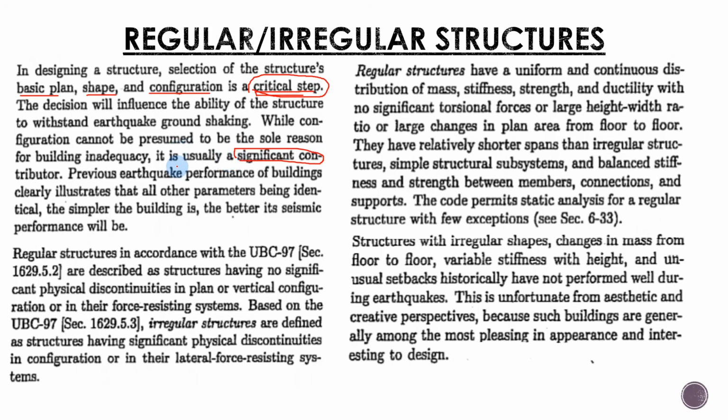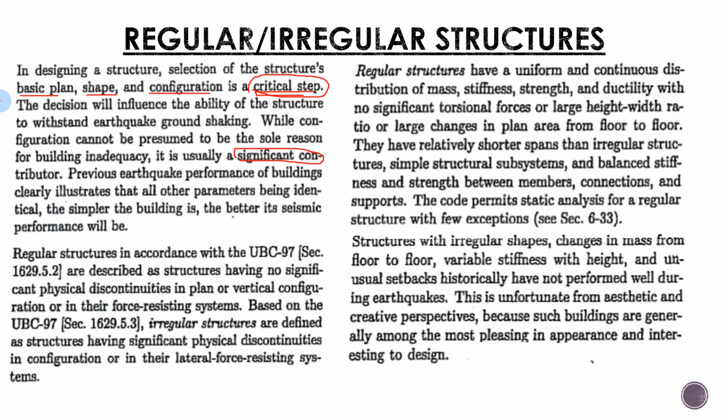So previous earthquake performance of buildings clearly illustrated that, all other parameters being identical, the simpler the building is, the better its seismic performance. Mao na, kung symmetrical mga ana, mas maayo na siya seismic performance. Box type mga ana guys, mas dali na siya isolve.